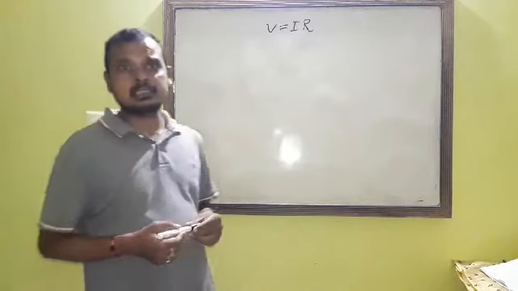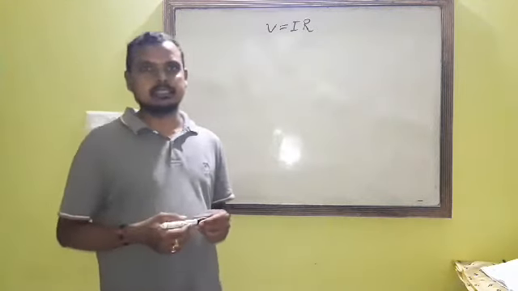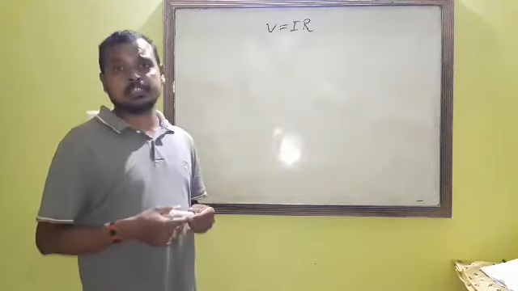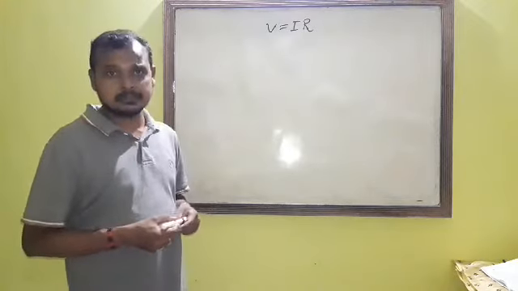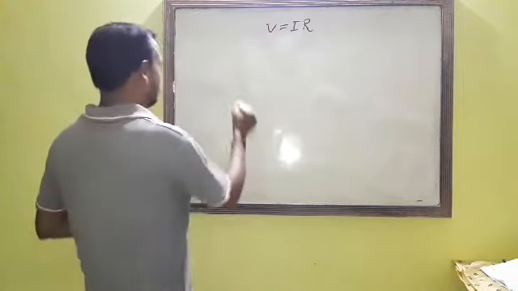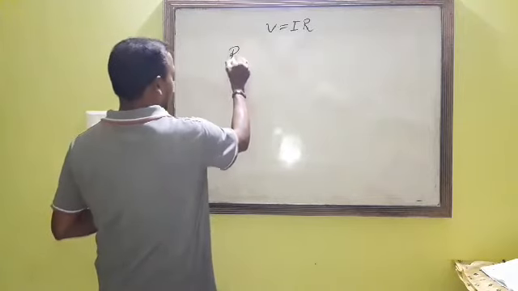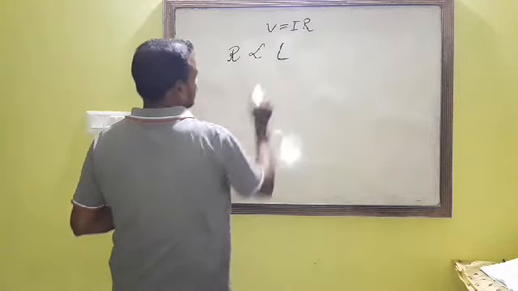Today we will study specific resistance, or resistivity. Let us discuss the factors on which the resistance of a conductor depends. The resistance of a conductor is directly proportional to the length of the conductor.